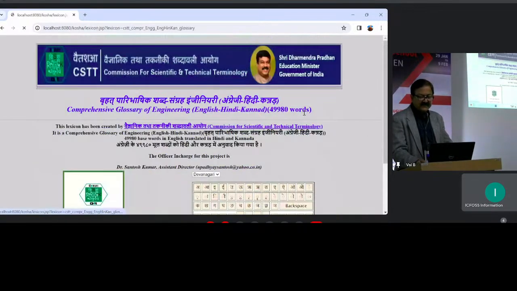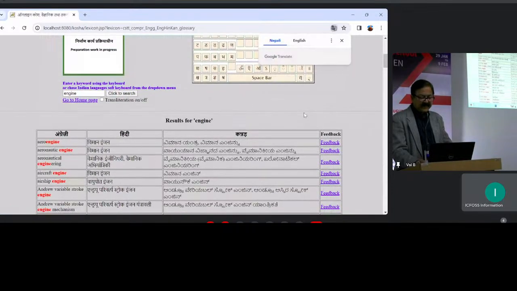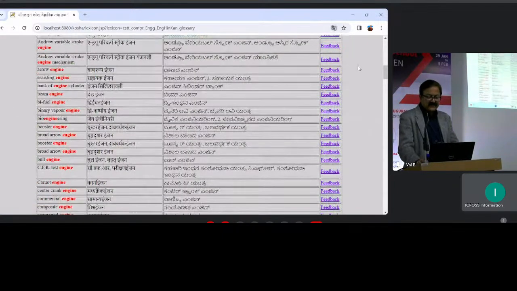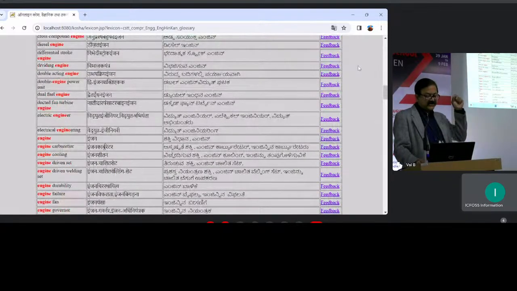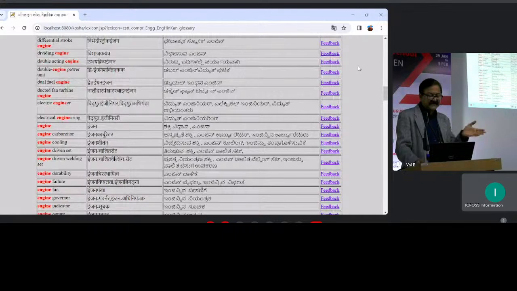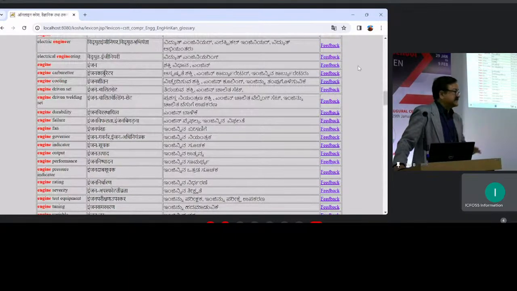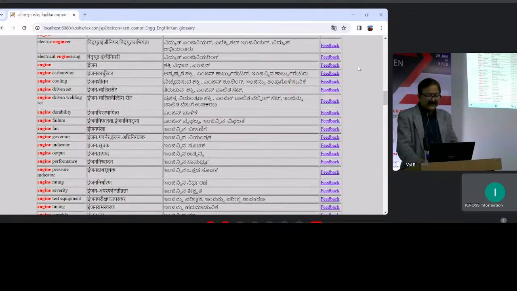This is Kannada in an engineering dictionary. So all the words of engineering can be put together and translators can translate. And these are the only official words. If there is a translator translating an official document, they have to use this. This is the official document of the Government of India. So they have to use it.